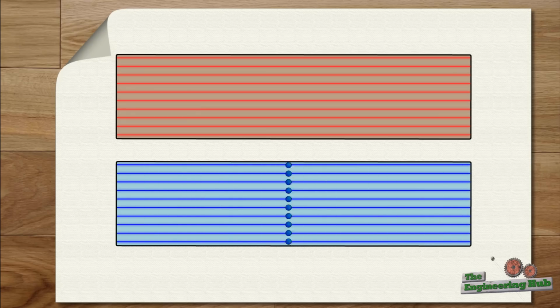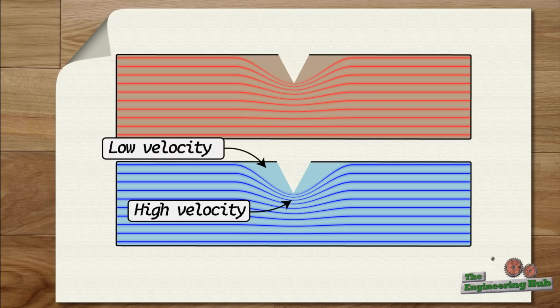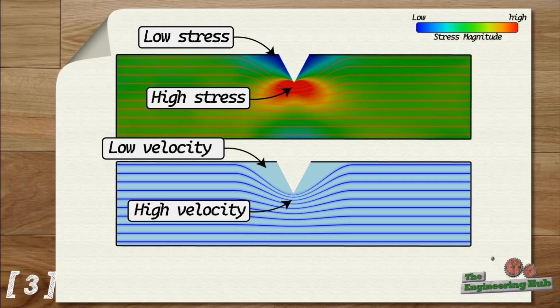If we introduce a cut or obstruct the flow at one side of the member, the flow lines would get squeezed, resulting in higher velocity at the tip of the cut and essentially no velocity at the base of the cut. Since velocity and stress magnitude are analogous, by extension we can claim that the stress magnitude is high at the tip of the cut and virtually zero at the base.